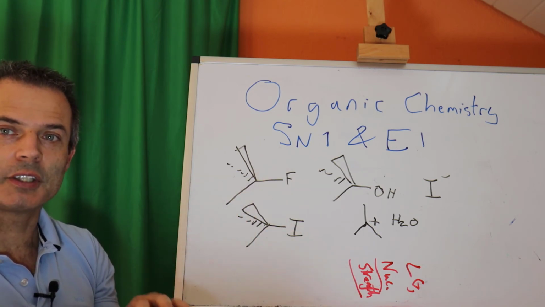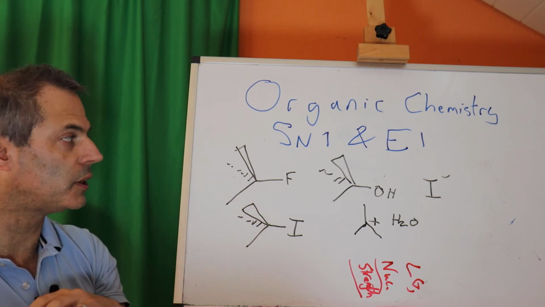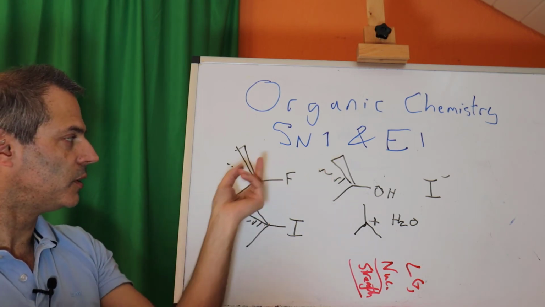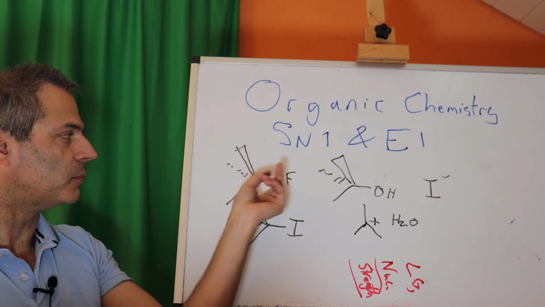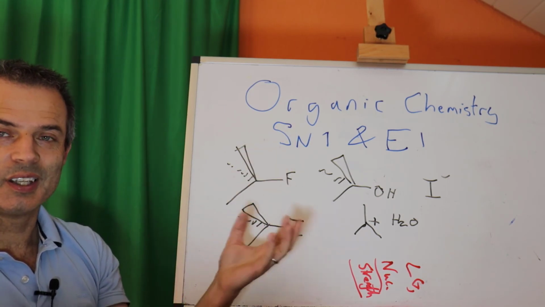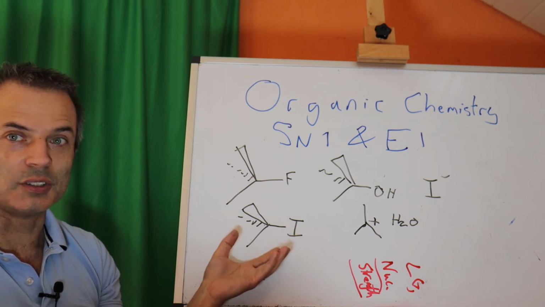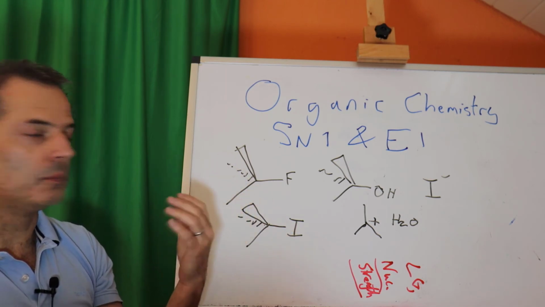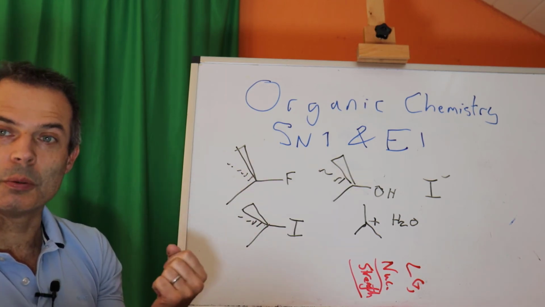We obviously have to get it dissolved into the water though, and our trimethyl iodide, for example, is not very stable in water. It's not going to dissolve. So we have a problem.